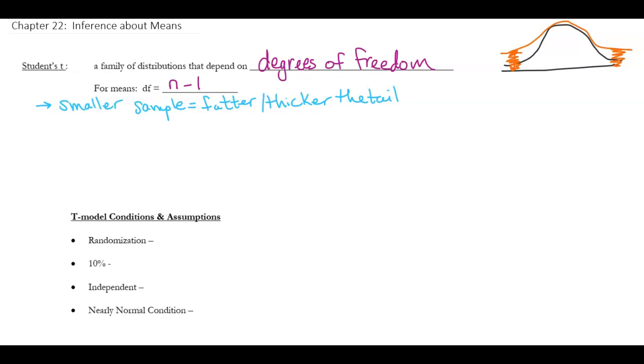The next thing we need to know is that as your degrees of freedom increase, 2 things happen. The first one is your center and shape stay the same. So if it was unimodal, it stays unimodal. If the mean was at 25, the mean stays at 25.